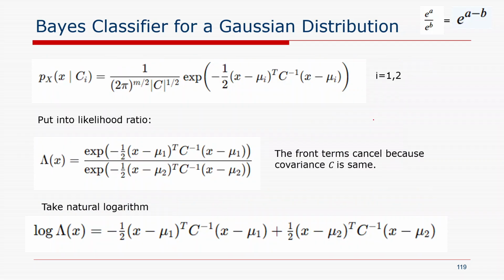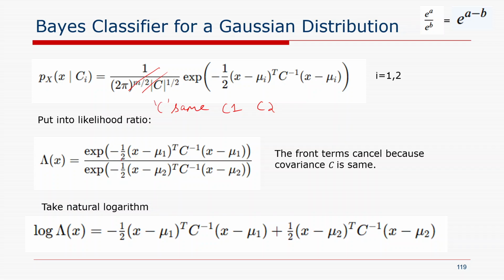Now when we substitute this term in lambda of x, the common term will get cancelled because the numerator and the denominator have the same term. And we have assumed the covariance matrix is the same for both the classes, C1 and C2.